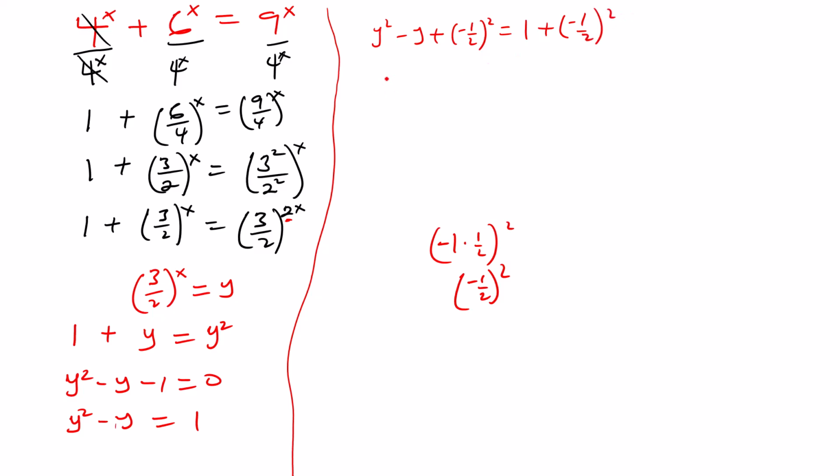We pick this and that: y minus half, all squared, and when you expand you get the same thing. 1 plus, now let's simplify this, 1 on 4. So my next step will be y minus half squared equals 5 on 4.